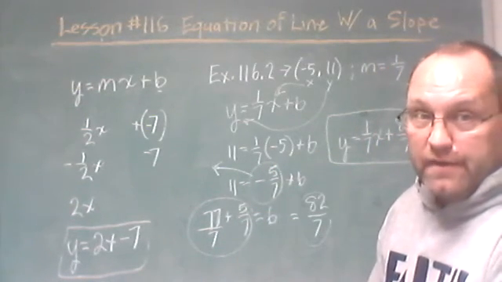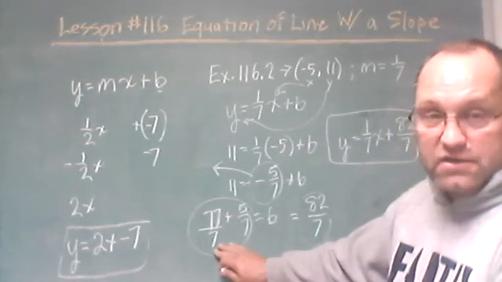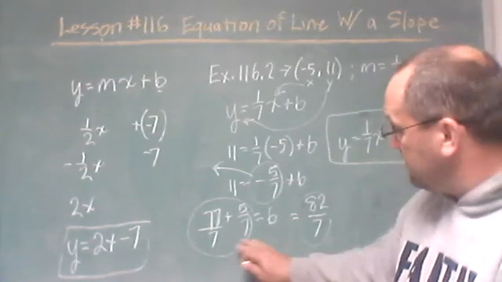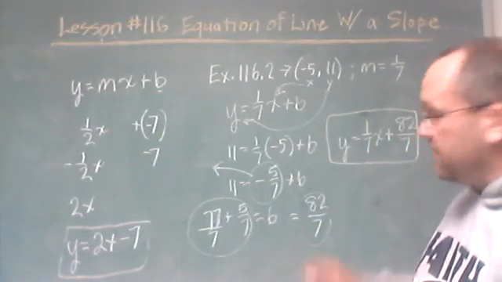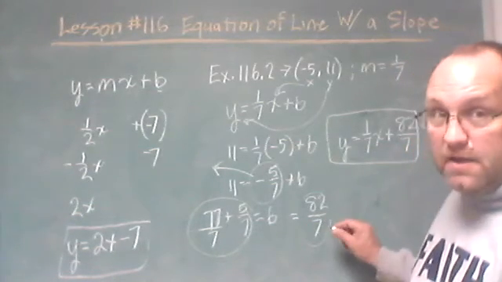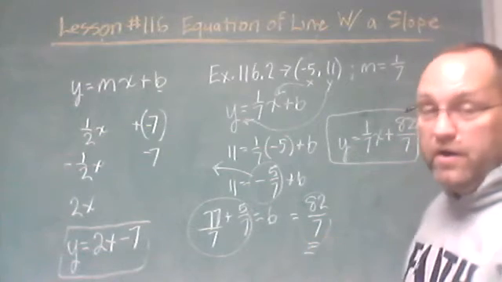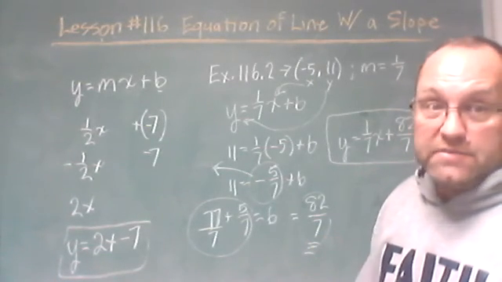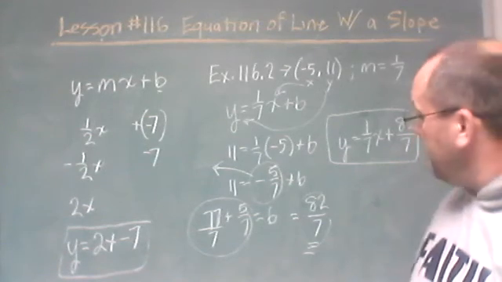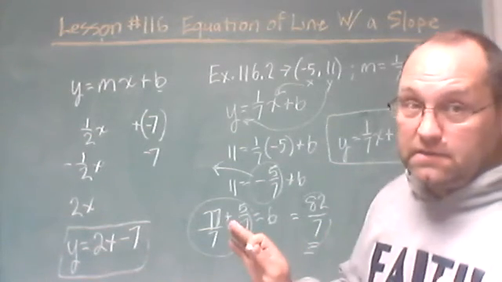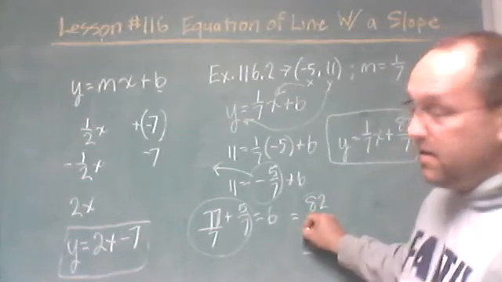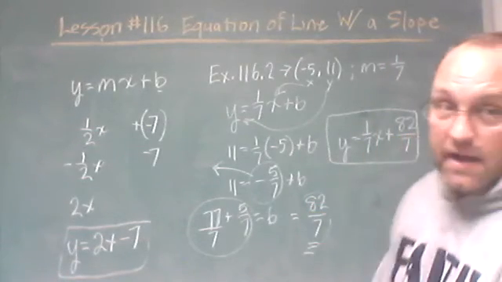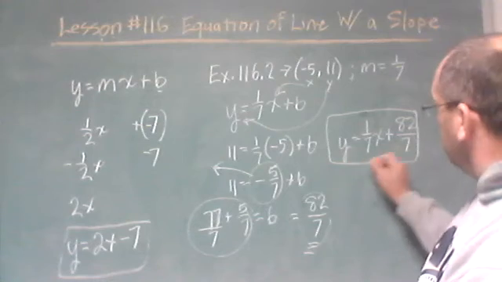So in order to add that 11, we change it to sevenths. Common denominators. It comes up to 82/7. And maybe because this number looks so weird, you're like, that doesn't seem right. Yeah, it's right. If that's what it comes out to be when you add your fractions, then plug it in. Even if it doesn't, come up with a number and plug it in there, because that's a large part. I want to see this format.